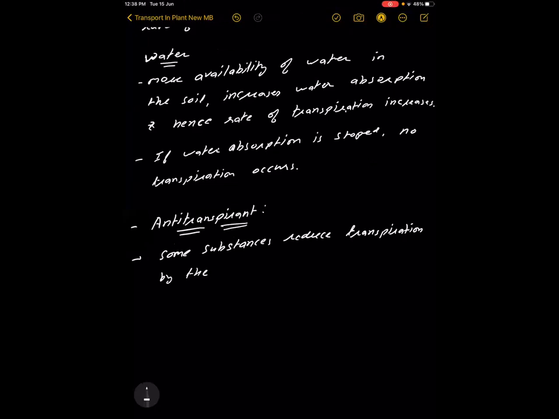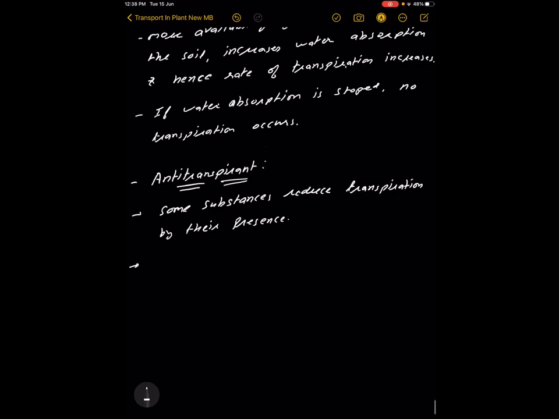These are abscisic acid, ABA: if its concentration is high, it reduces the rate of transpiration. If CO2 concentration increases, stomata automatically close and there is no transpiration.